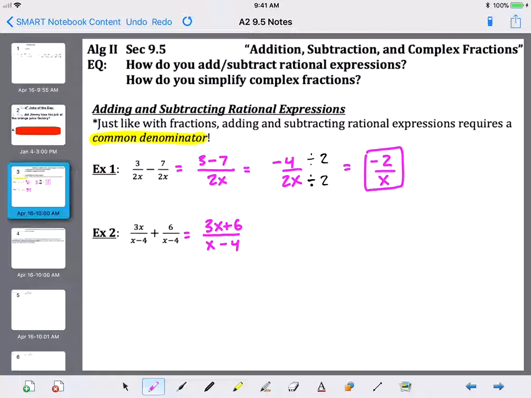Okay, there is one more step here. I noticed that in my numerator, 3x plus 6 have a common factor of 3. So I'm going to factor out a 3, and I'm left with 3 times the quantity x minus 2 over x minus 4. All right, so pretty straightforward if your denominators are the same.